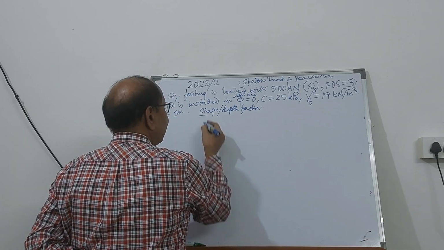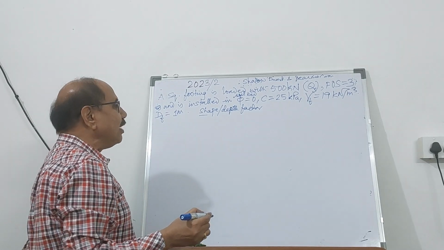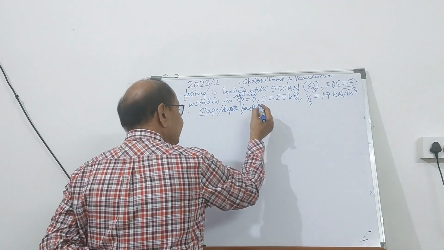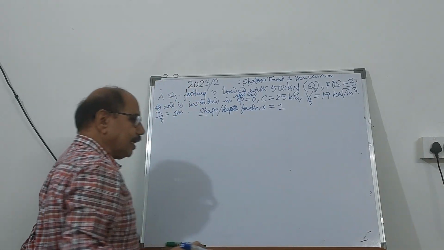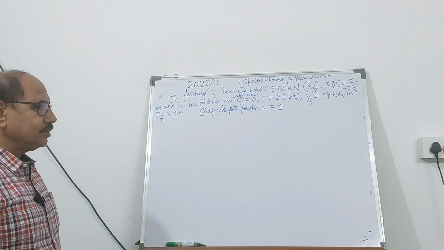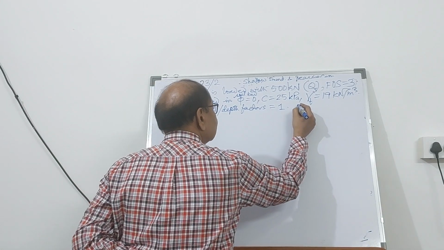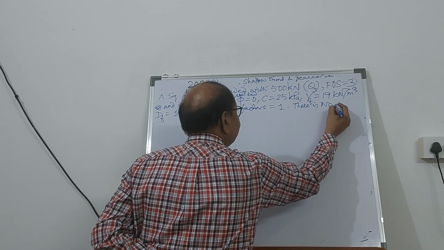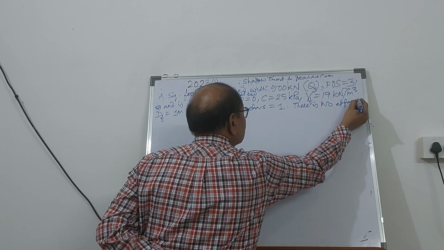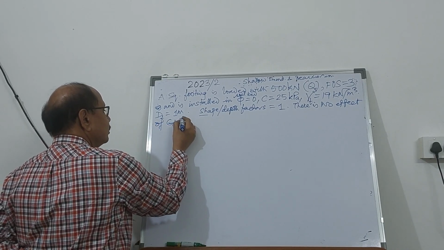So depth of the footing, and the shape and depth factors, you know the shape factors Sc, Sq, S gamma. Similarly, depth factors are to be taken as unity, that is, it is going to be 1, and there is no effect of groundwater table.